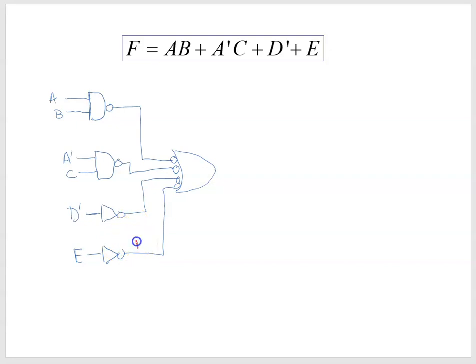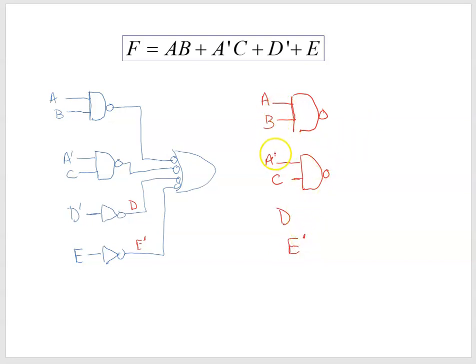Now here what we have is E prime, and here what we have is D, so we don't really need this inverter. So when I'm actually implementing this, I'll show it with just AND invert, but I'll do AB. I'm still going to show my A prime C, and here what we have is just D. So we just need D, and I'll just show E prime.